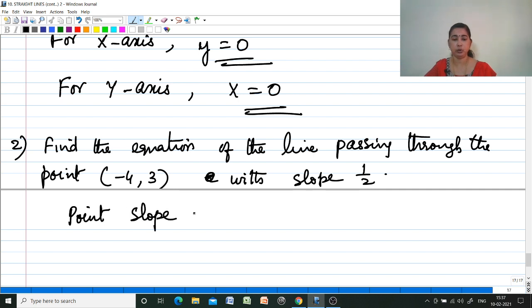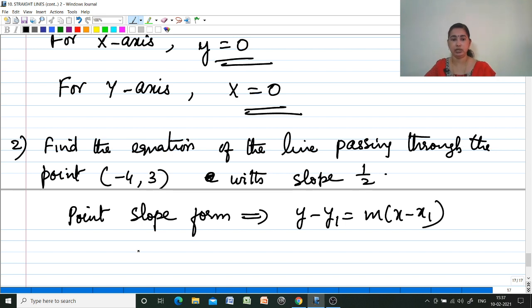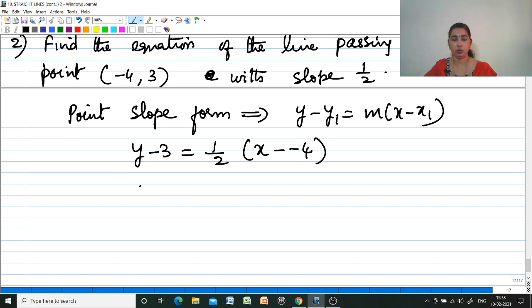What is point slope form? That is y minus y1 is equal to m into x minus x1. So y minus 3 is equal to slope 1 by 2 into x minus minus 4, or the equation is y minus 3 is equal to 1 by 2 into x plus 4.